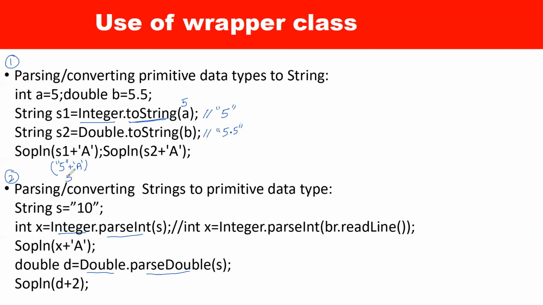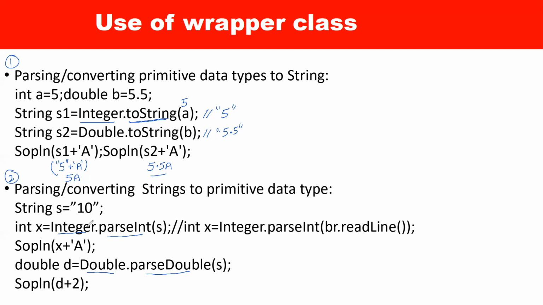Thus it joins both the values and the answer you get is 5A. Now applying the same concept, here you will get 5.5A. Because string plus any other data type, they are incompatible, so plus will just join them and give you the output as shown there. Okay, hope the first one is clear.